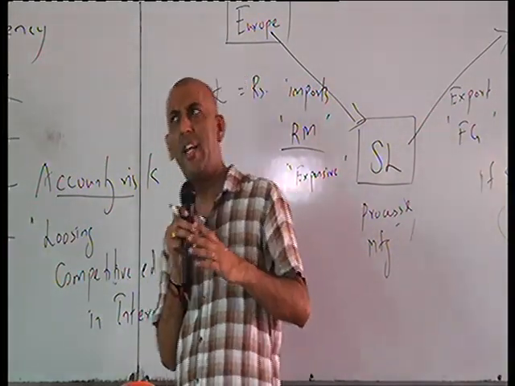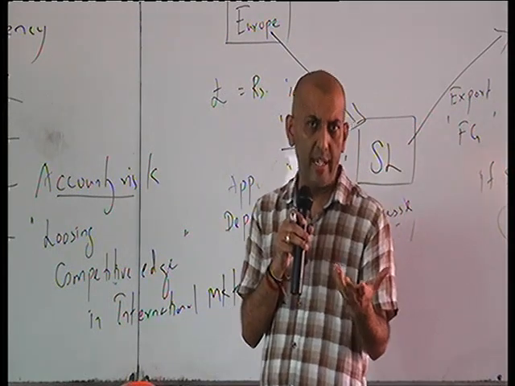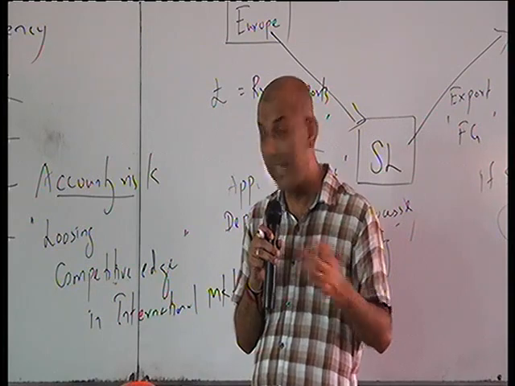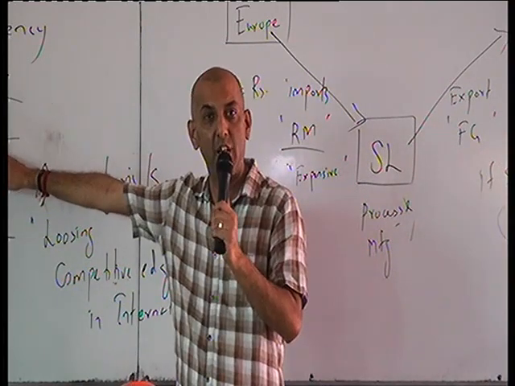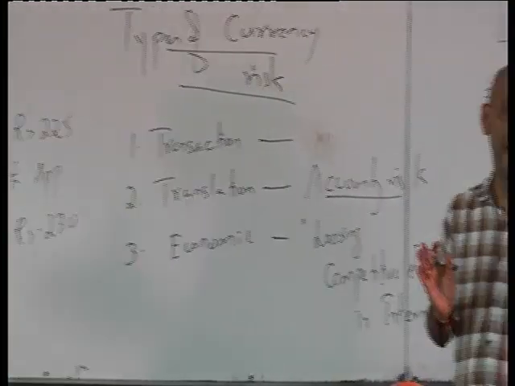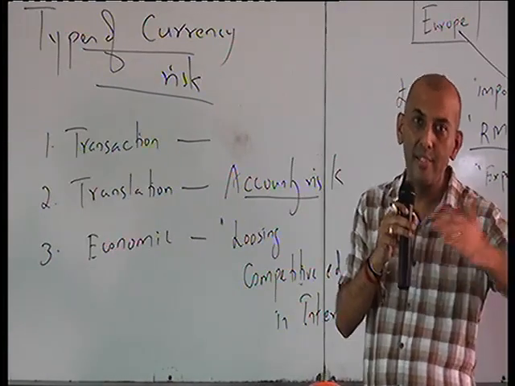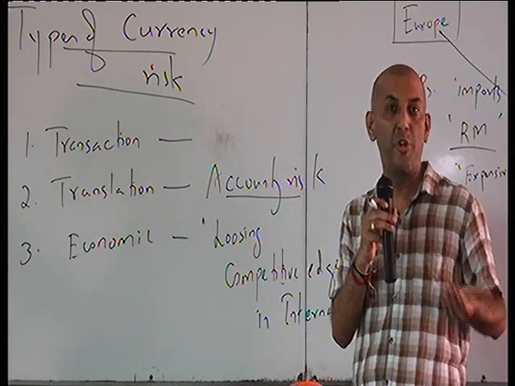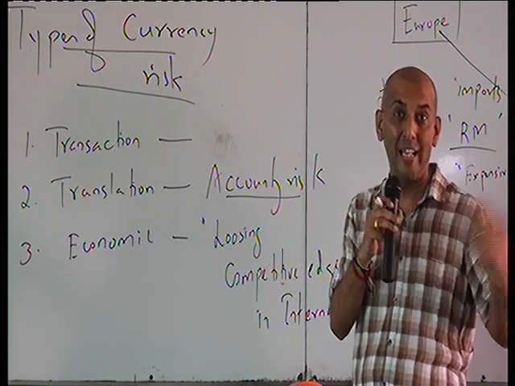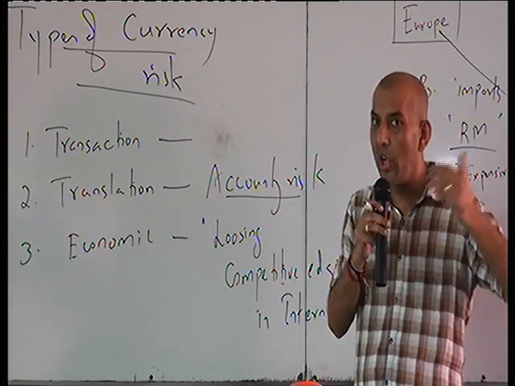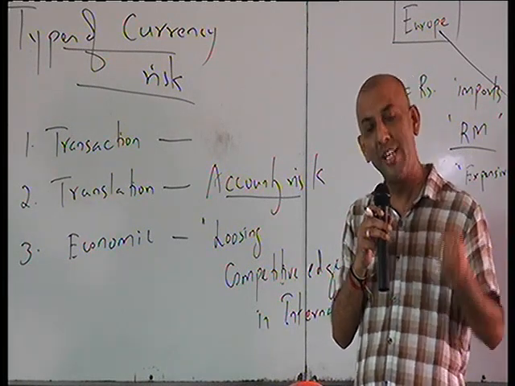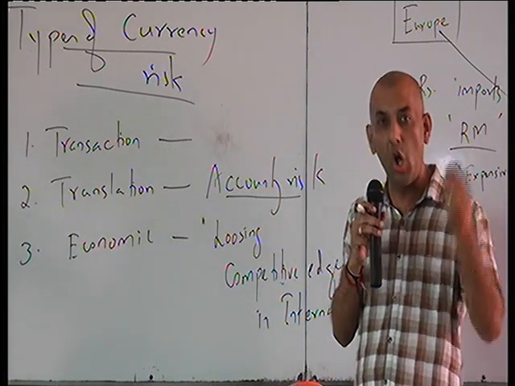This is something you will experience very few times. It's not on a day-to-day basis like transaction risk. Economic risk happens over a period of time and you have to decide what to do. You can't change immediately. But in the long run, if you feel that you are losing competitive edge, what is the alternative?